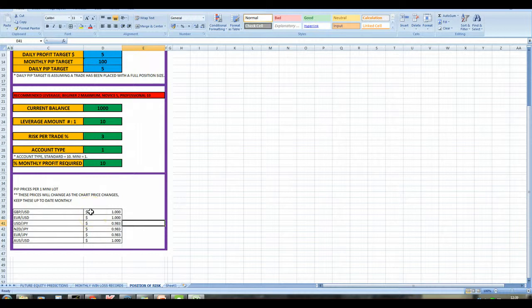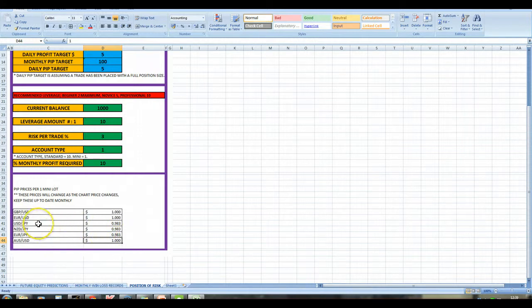So the prices today, as you can see, some of the major pairs here: Australian dollar, US dollar, Euro US dollar, and Great British Pound US dollar. They are all priced at $1 each per pip, which that's fairly straightforward.